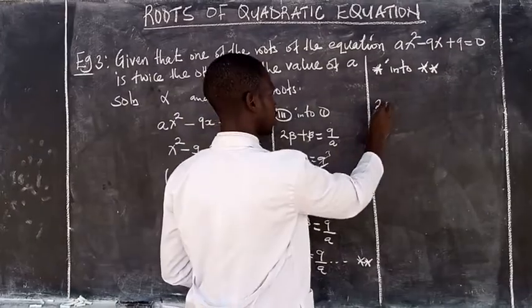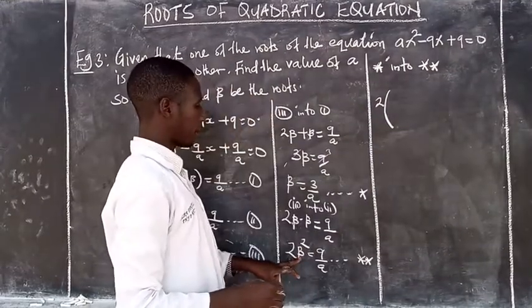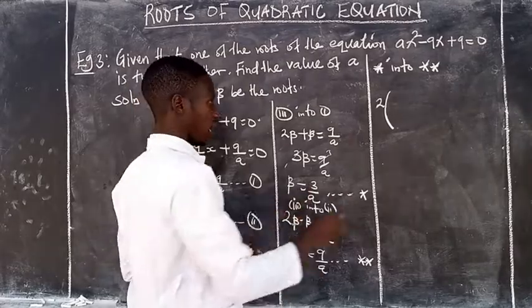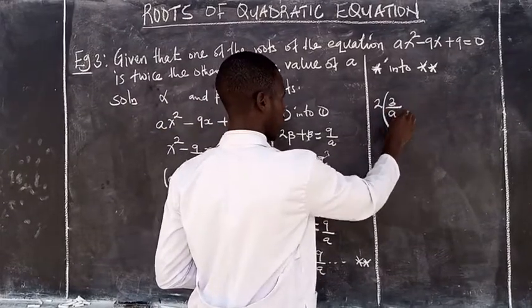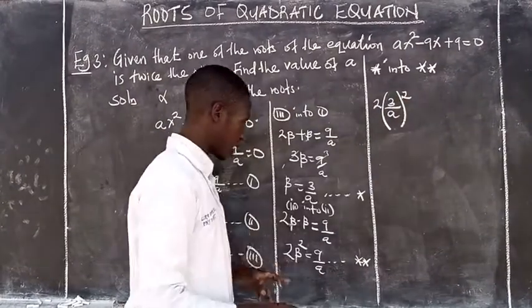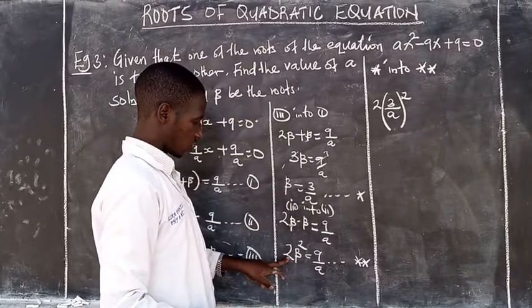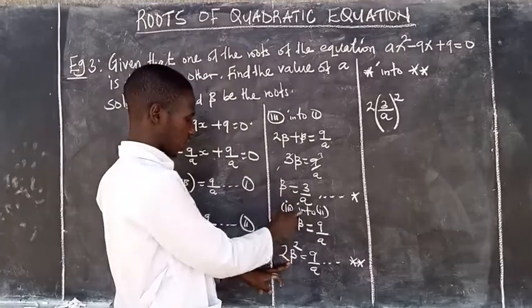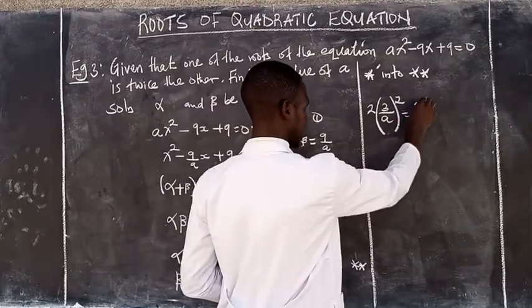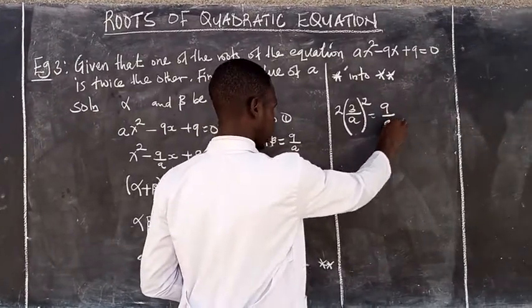We shall have 2 into 3 over a, but squared. 2 into beta, which is 3 over a, but squared, should be equal to 9 over a.